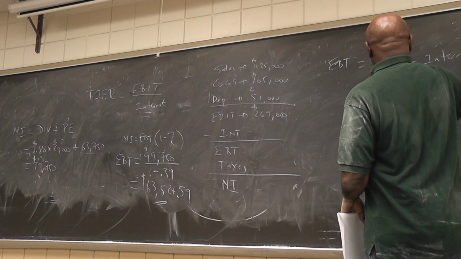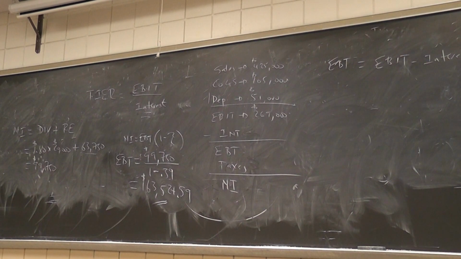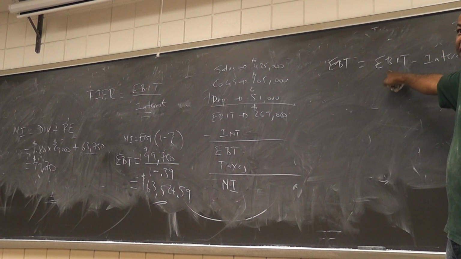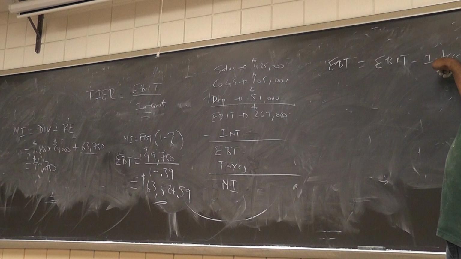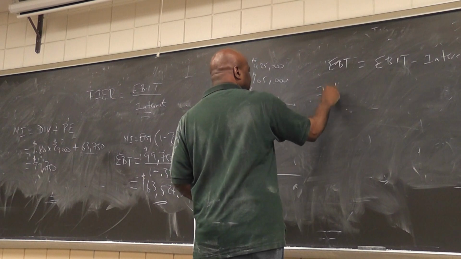Can we solve for interest now? Yes, we can. Because now my interest is going to be my earnings before interest and taxes minus my earnings before taxes. Do you see this? Yes.